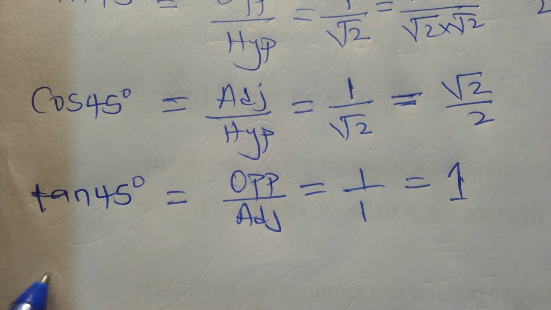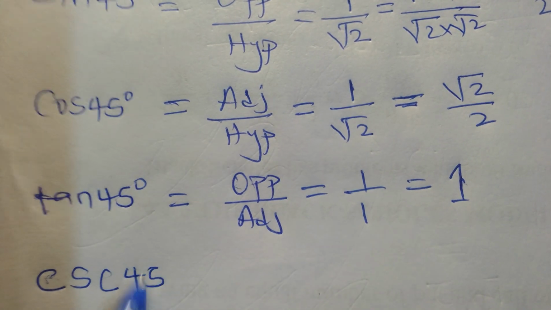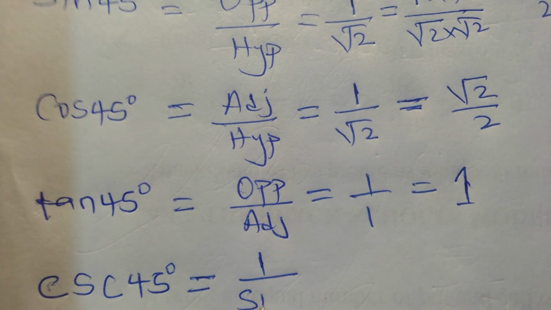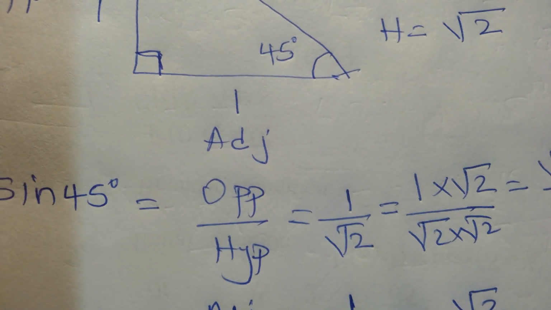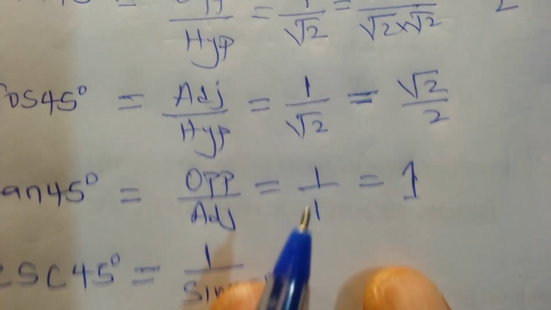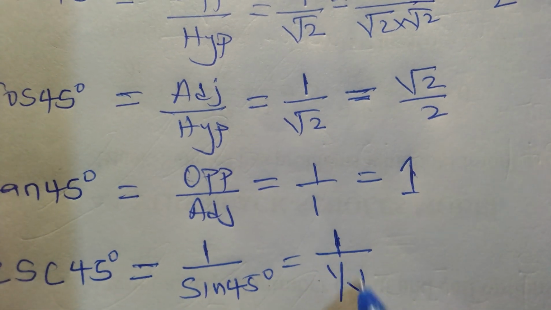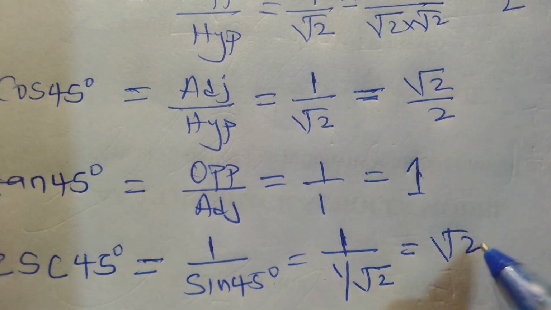And then the reciprocal functions now. Cosecant 45 degrees, that's 1 over sine 45 degrees. Don't forget our sine 45 degrees is 1 over root 2. So that will be 1 over 1 over root 2, and that gives us root 2.